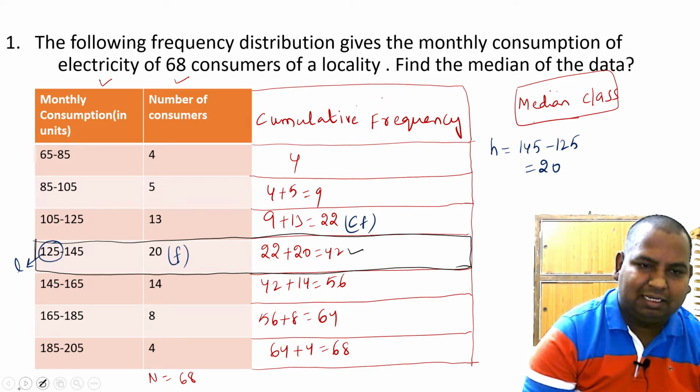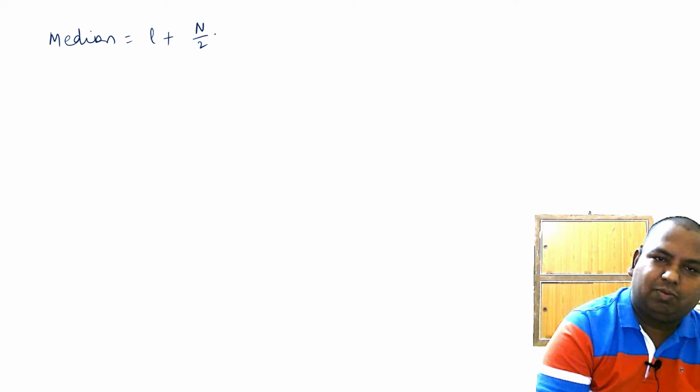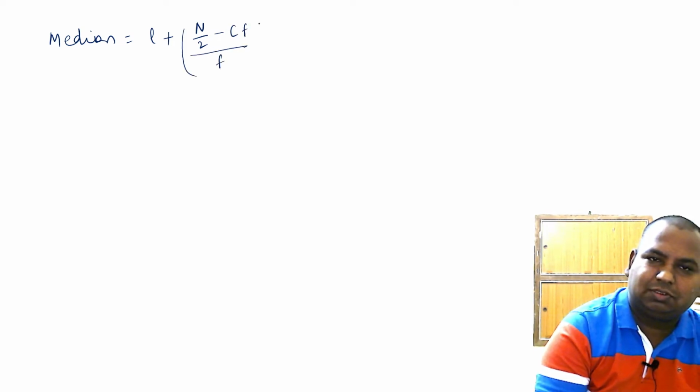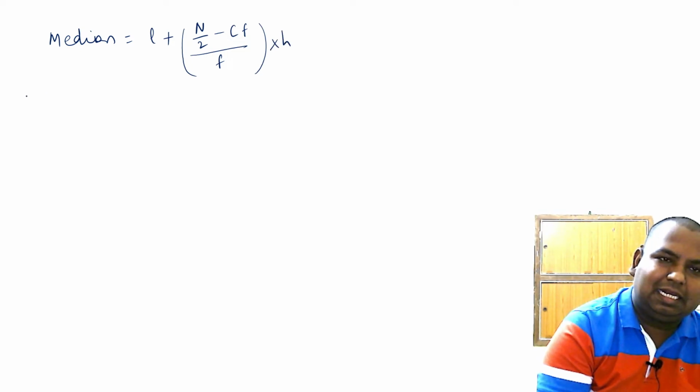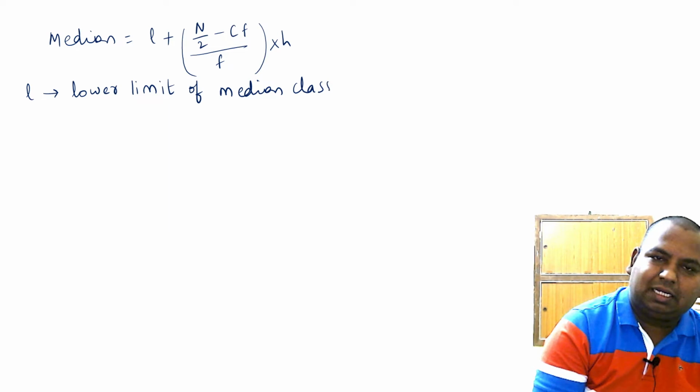Now let me write here so that you remember for a long time. So median is equal to L plus (n by 2 minus CF) by f, into h. In this, what is L? L is the lower limit of the median class.